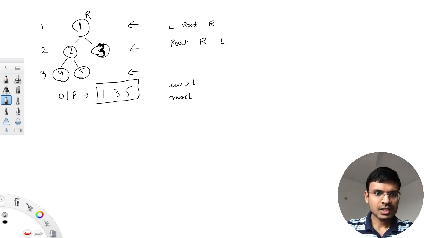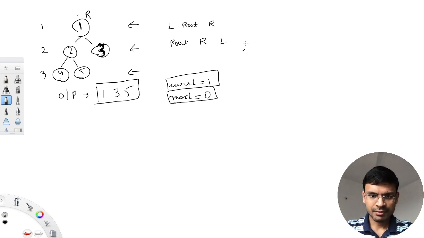When we are starting the recursion, current level would be 1, and the max level can be initialized to 0. If at a particular point we see that the value of max level is less than the current level, it means that particular level has not been visited till now. So we can output the value present at the node itself.